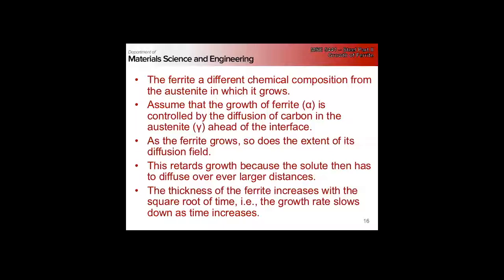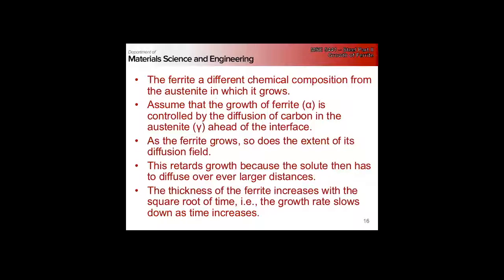And as the ferrite grows, the extent of this diffusion field is going to become larger, right? And this has the effect of retarding the growth with time, because the solute has to diffuse over larger distances, right? It has to get farther away. We have to push more carbon farther away before we can get down to the ferrite carbon content, right?